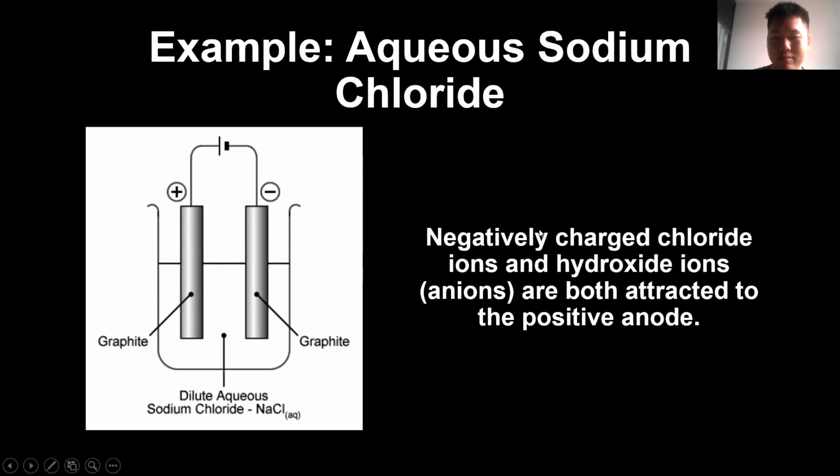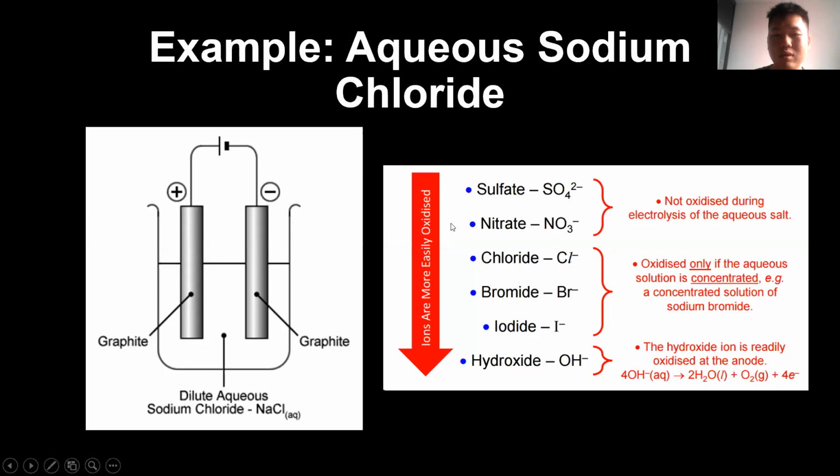The negatively charged chloride ions and the hydroxide ions are both attracted to the positive anode. So right over here, we have OH- and Cl-. Out of these two ions, we need to determine which one will be selectively discharged. To know which ion will be selectively discharged, we have to look at this series.